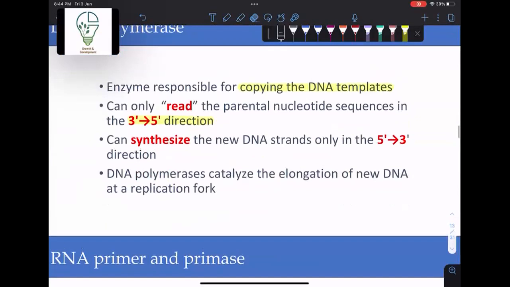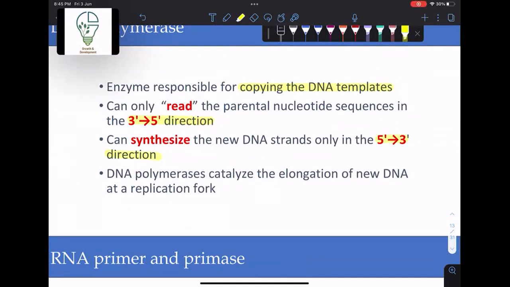So again, very important. A DNA polymerase reads the nucleotide sequences, or reads the DNA molecule, from the 3 to 5 end and synthesizes the new strands from the 5 to 3 end. So the DNA polymerase basically catalyzes the elongation of the new DNA, all right?